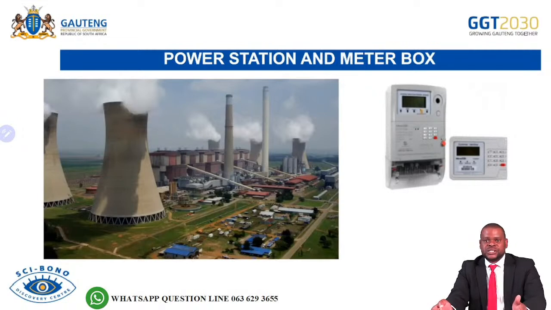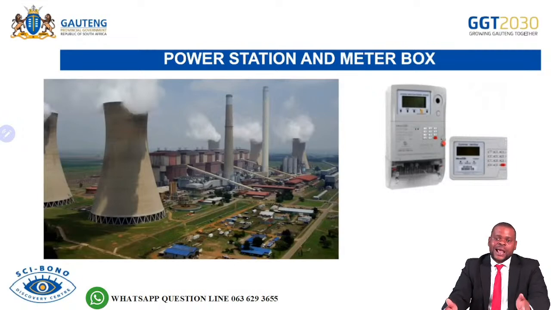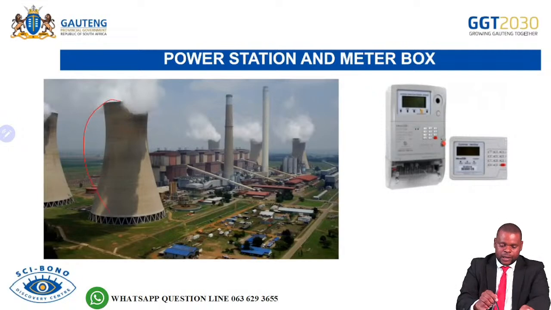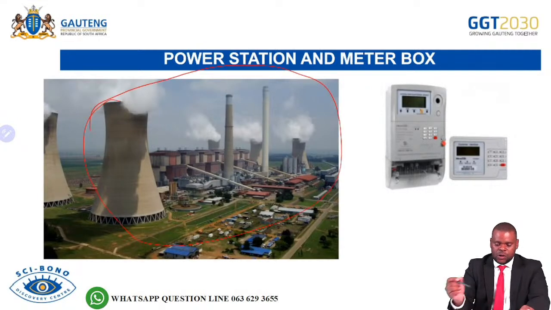After you buy electricity at home, you punch it in so that you can start using electricity at home. But the electricity that you buy, where does it come from? It comes from the picture that you see on the left. Are we together, grade 12? Yes. This is where electricity is being produced.